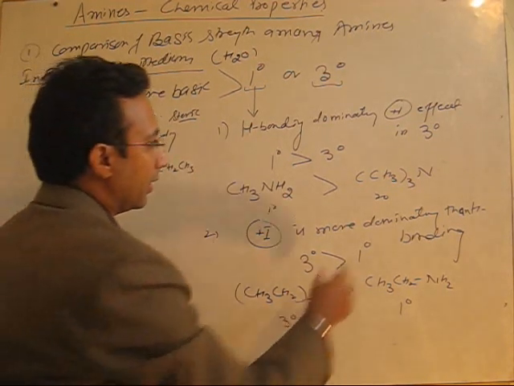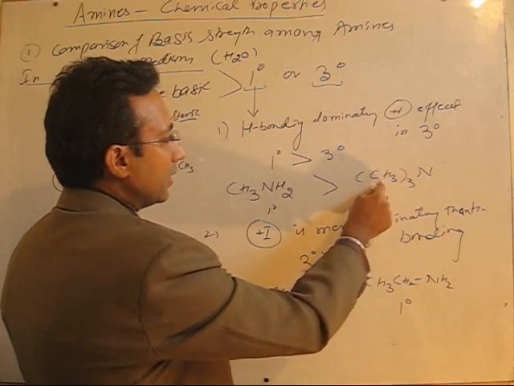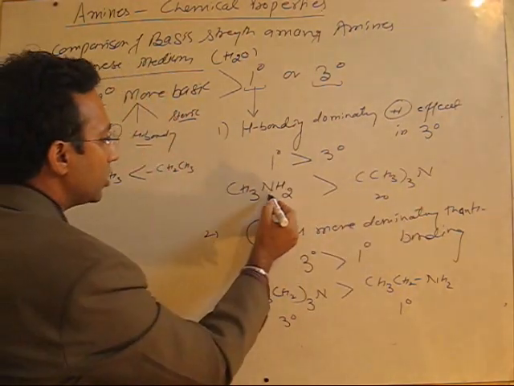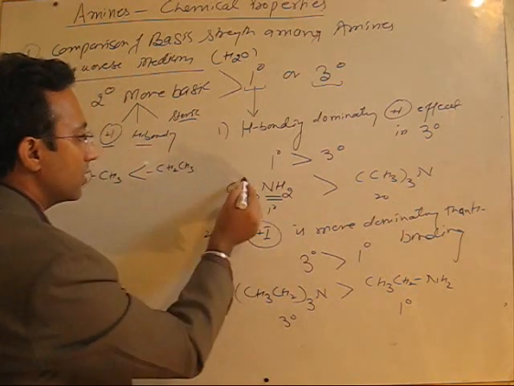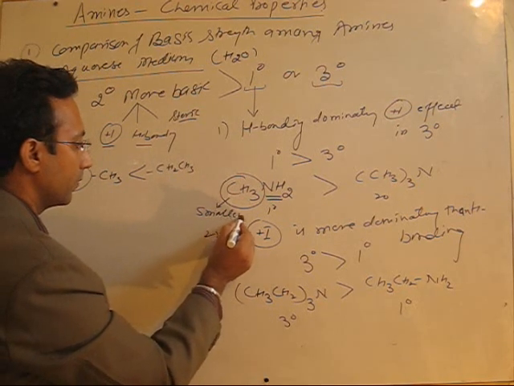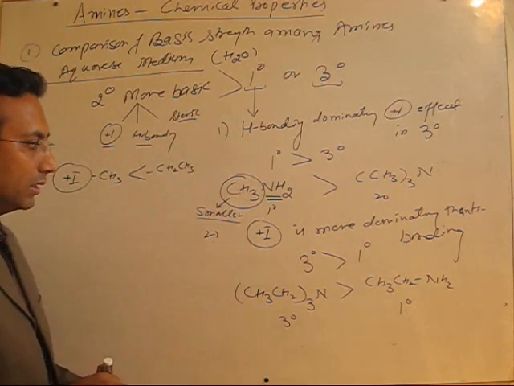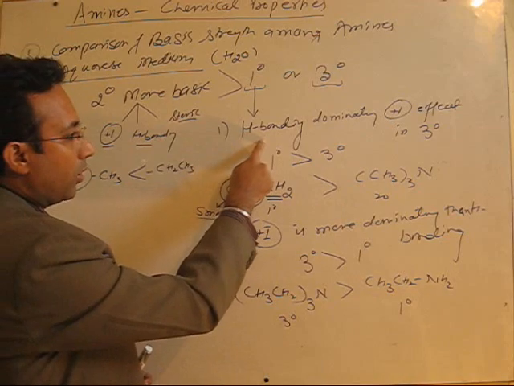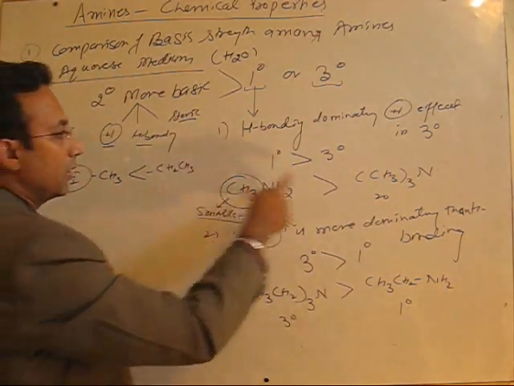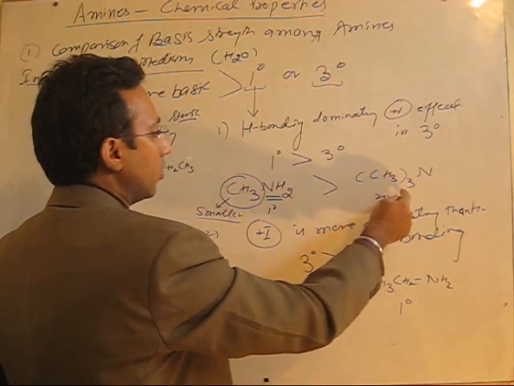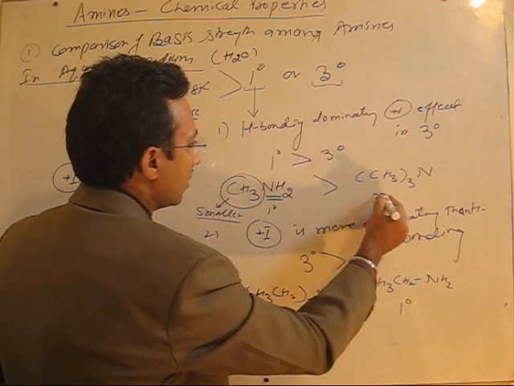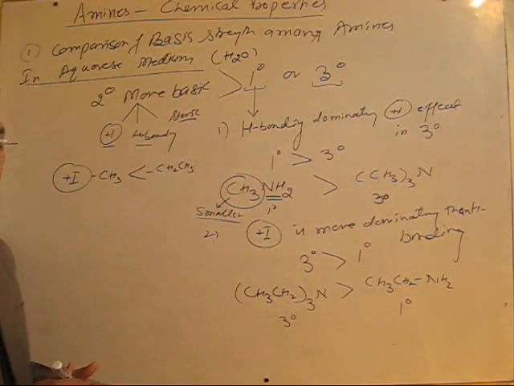As a result, here the plus I effect is not that much as compared to the H bonding, because sterically this is a smaller group. So this factor favors H bonding. Its I effect is less than the ethyl group, so the plus I effect is not dominating. Therefore, tertiary in this case is less basic.